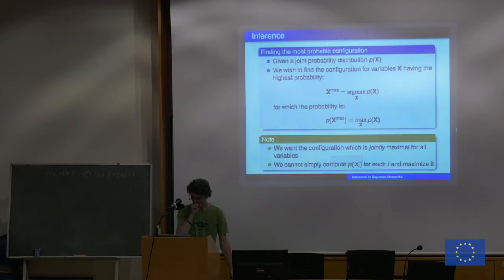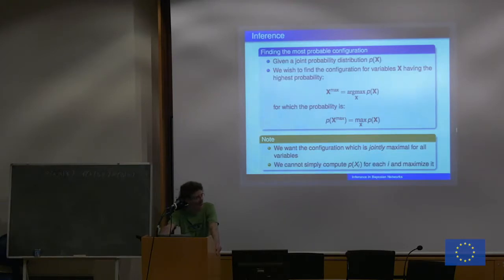Now, there is actually one other type of inference task that we are typically interested in, which is called most probable explanation, or MAP inference, depending on what variables you are interested in predicting. But let's focus on most probable explanation, or most probable configuration, which is, in a sense, the most common.